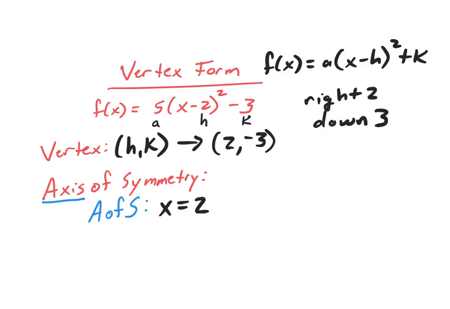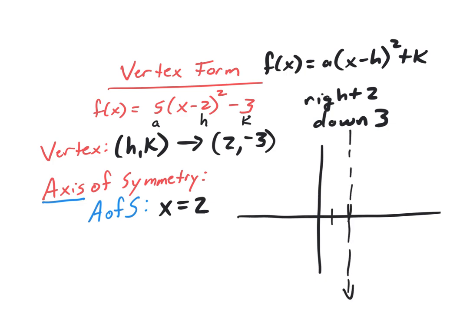Okay, so if I drew a sketch of this graph, I'm going to start with my axis of symmetry. It's a vertical line at x equals 2. What that is, it's a vertical line that splits the graph in half. It splits the parabola to be symmetrical, right? Symmetrical means it's the same on both sides.